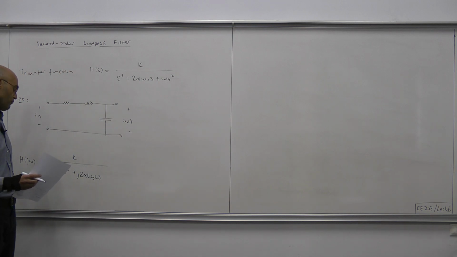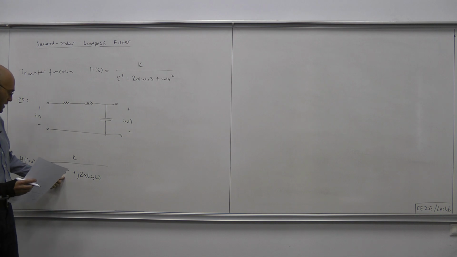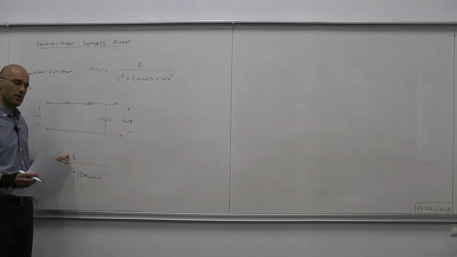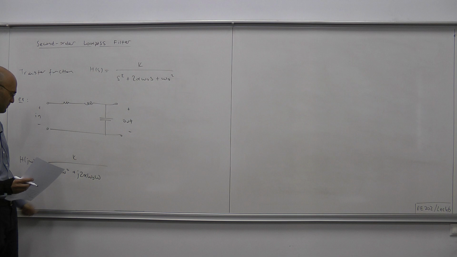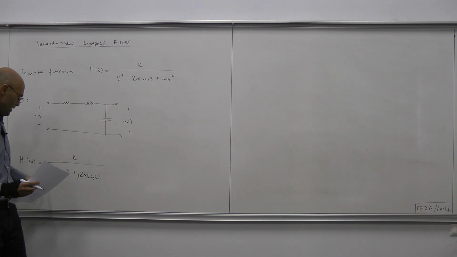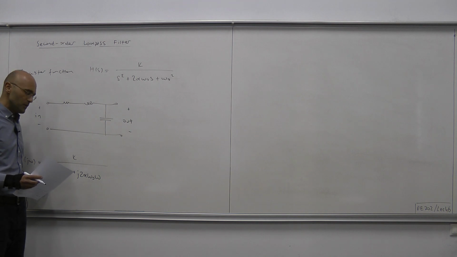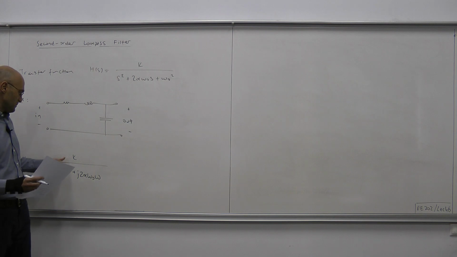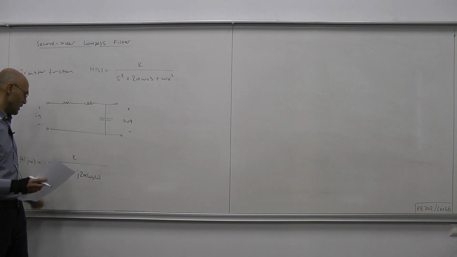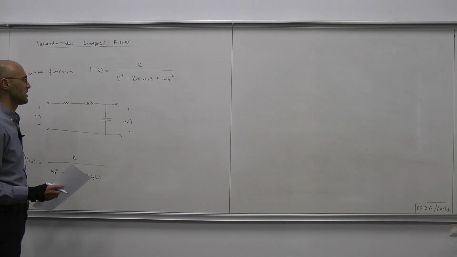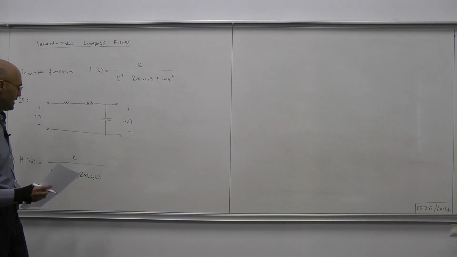So at low frequencies around 0, first of all, the numerator is constant. It's independent of the frequency omega. And as for the denominator, at low frequencies, this term and that term vanish, and what dominates the denominator is omega 0 square. Okay, so at low frequencies, therefore, the gain is magnitude of k divided by omega 0 square. So we see something significant at the output at low frequencies.